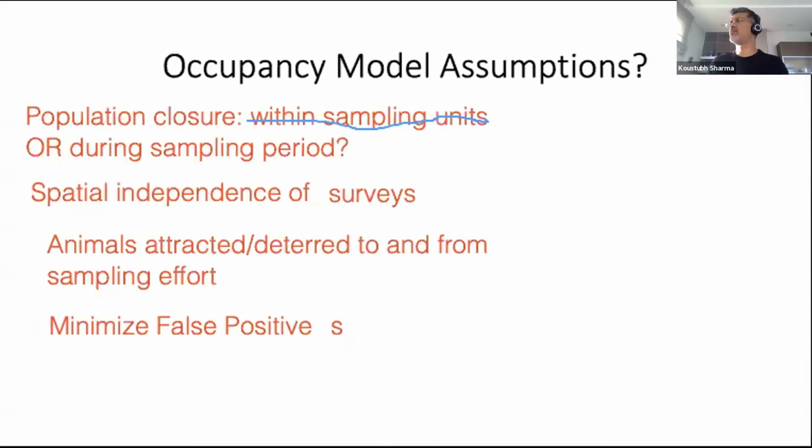But again, as some of you were discussing last time, if there is a response which is not linear, increasing and then decreasing, think about it this way: there was a study by a colleague of ours who was exploring the impact of garbage on fox distribution.